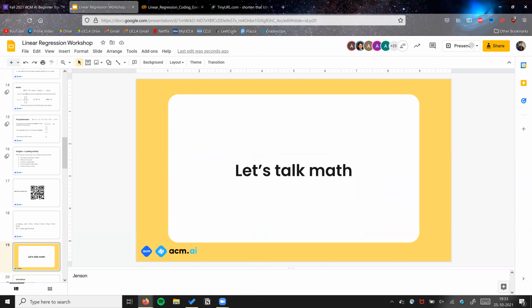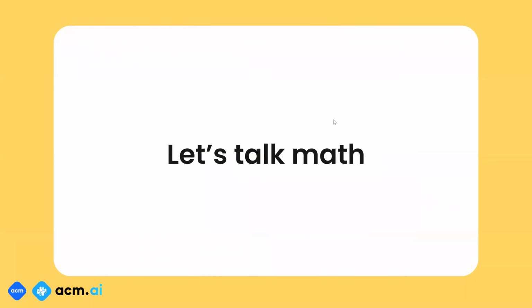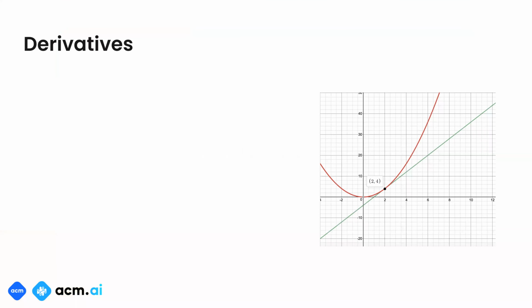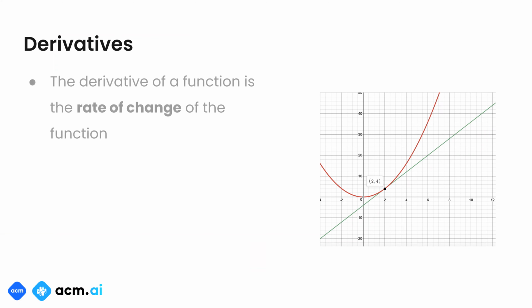All right. Awesome. So now that we have that understanding intuitively of what linear regression is, let's go into a little bit of the math today, and then we'll go into it more next week. The first part is derivatives. I'm sure all of you are either in a calc class or have taken one, so we'll go over this quickly. Basically, a derivative is the rate of change of a function.